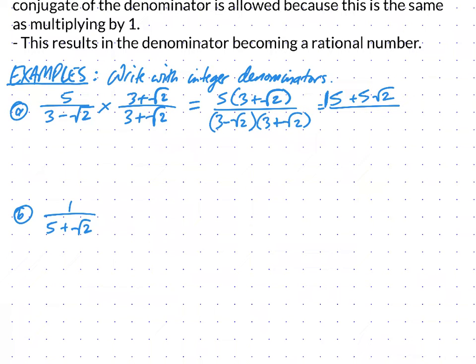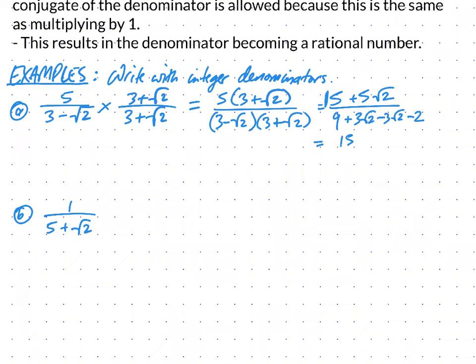So 3 times by 3 is 9, plus outers 3 root 2, plus inners negative 3 root 2, and the last, negative root 2 times by root 2, is going to be negative 2. And what you'll see here is these two terms cancel out because you've got 3 root 2 and minus 3 root 2. So you'll have no root 2's in the bottom.